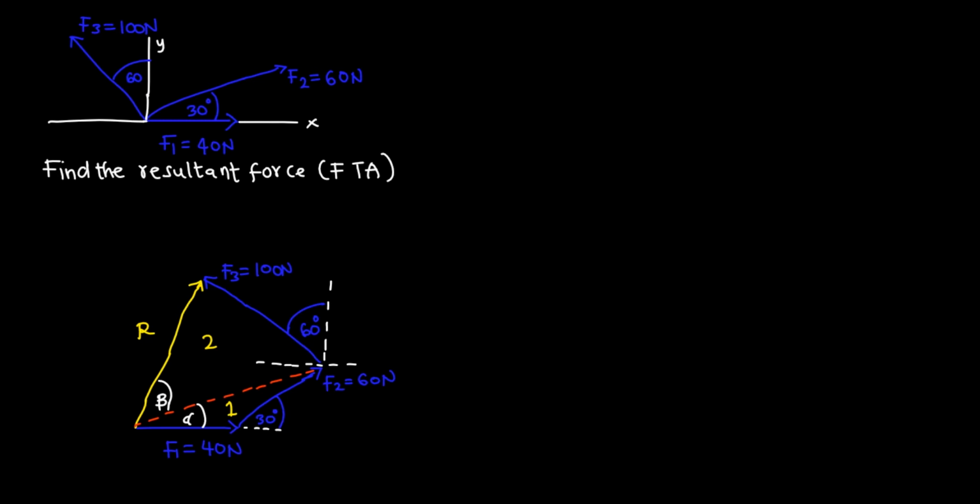Now we can use the force triangle approach. I will first consider the first triangle. So I have F1 here, which is 40 newtons, and then I have F2 here, which is 60 newtons, and it makes an angle of 30 degrees here.